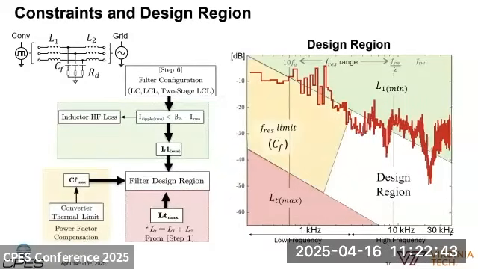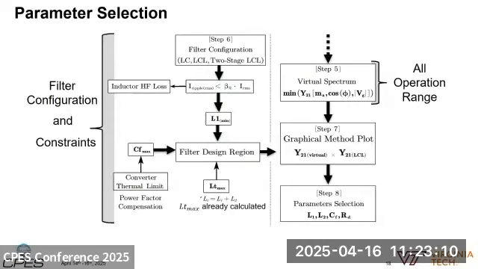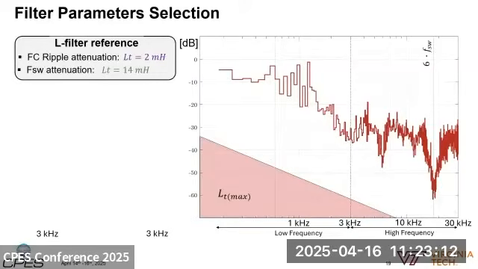And as I just said, the maximum capacitance will define the minimum value for your resonant frequency, because in case you have a very high capacitor, like I said, you're going to have a lower resonant frequency. You can benefit from higher attenuation, but you're going to have to circulate more current in your converter, and usually you don't want to do that. That way we have that design region.